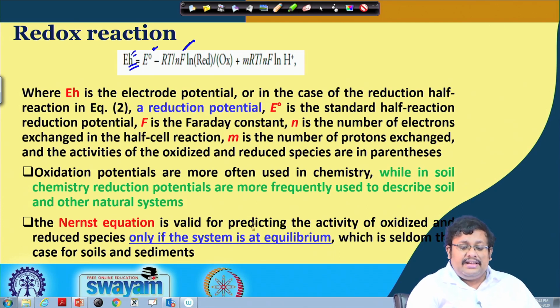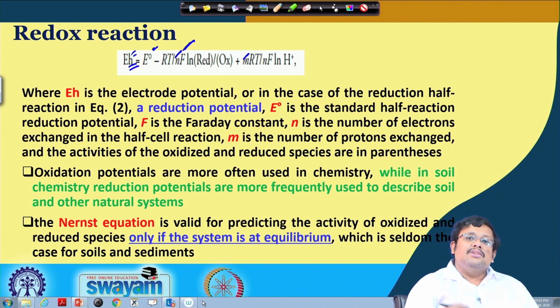N is the number of electrons exchanged in the half cell reaction. M is the number of protons exchanged, and the activities of the oxidized and reduced species are in parentheses.